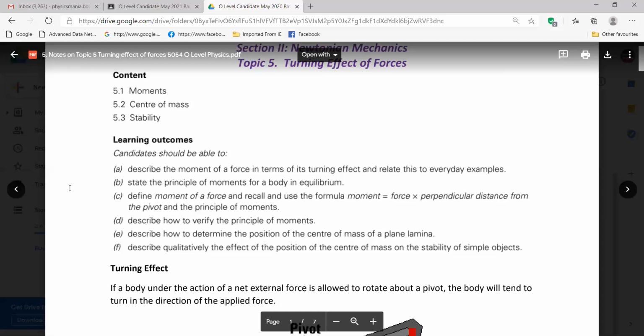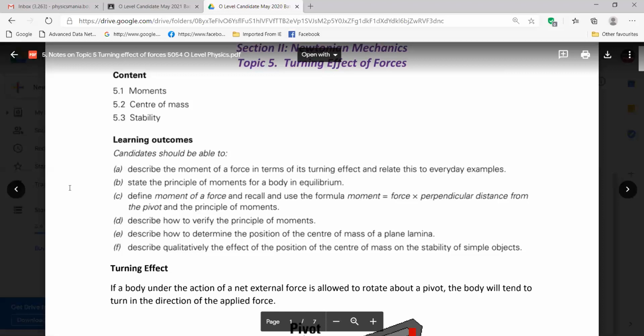Also, there is another condition, that the opposite forces working on the object should also be equal. If the object is in equilibrium, then the opposite forces should be equal, and the opposite moments should be also equal in equilibrium condition.